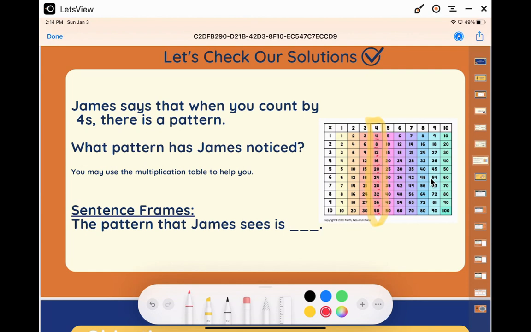If you wanted to be more specific about a pattern, on yesterday we talked about the numbers that were reoccurring. In this particular set, we have 4, 8, 2, 6, 0, and then after the number 20, it repeats with 4, 8, 2, 6, and 0. And so we have repeating digits.